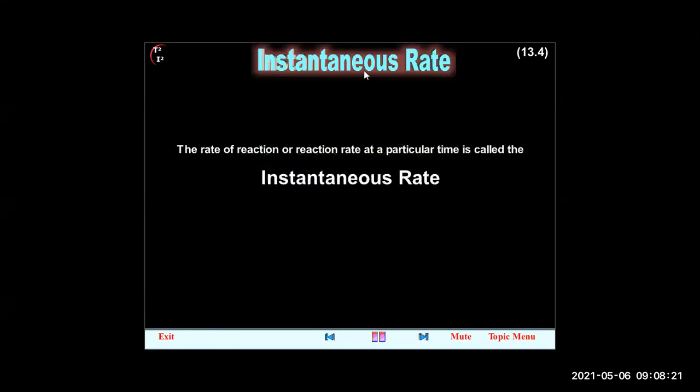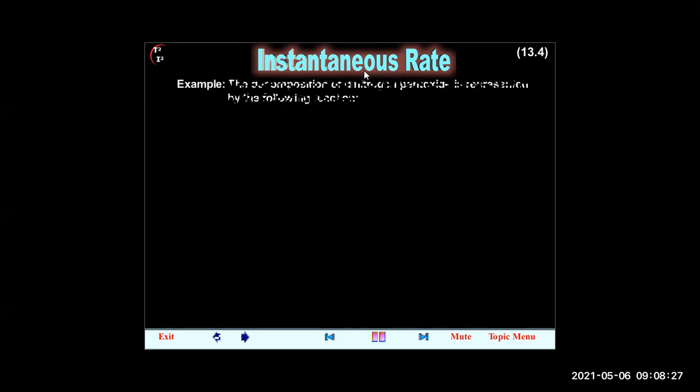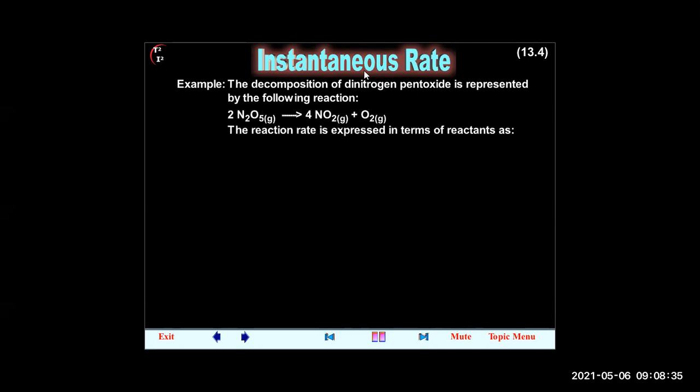The rate of reaction or reaction rate at a particular time is called the instantaneous rate. Example: the decomposition of dinitrogen pentoxide is represented by the following reaction. The reaction rate is expressed in terms of reactants as reaction rate equals.